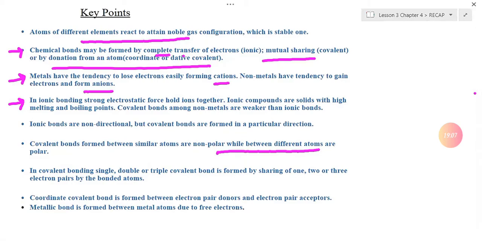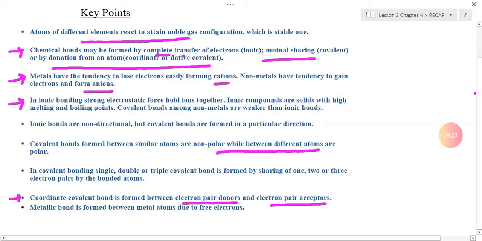Then we discussed that in covalent bonding there are three different types: single, double, and triple covalent bonds. We also talked about coordinate covalent bond formed between electron pair donors and electron pair acceptors. And lastly, we discussed metallic bonds, how the presence of a sea of electrons contributes towards the characteristic properties of malleability, ductility, and high densities of metals.